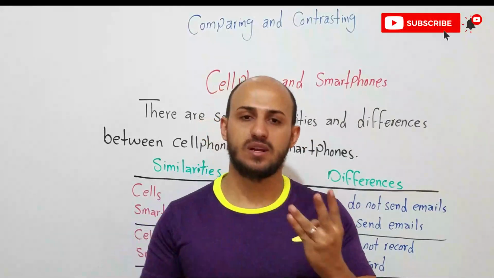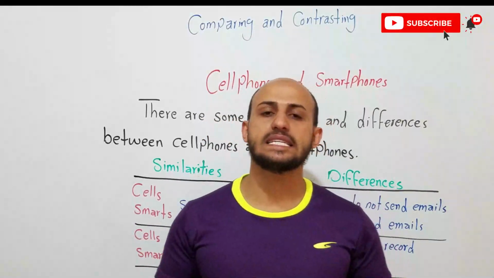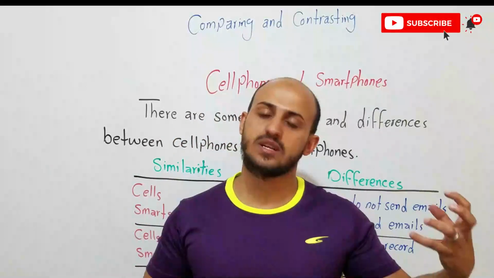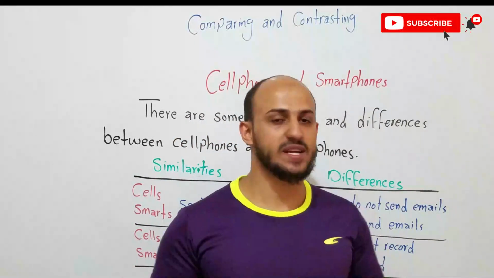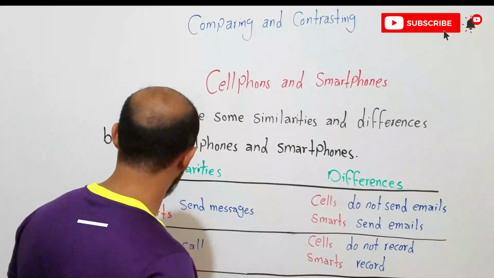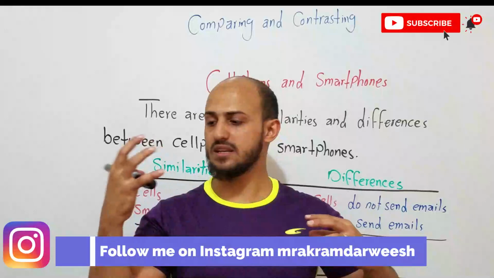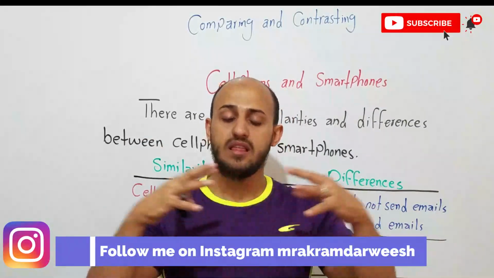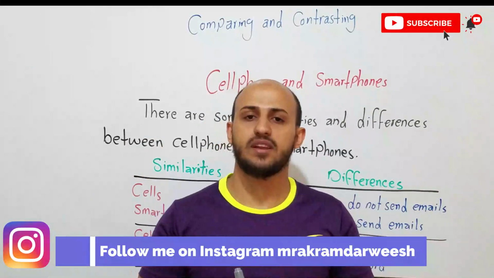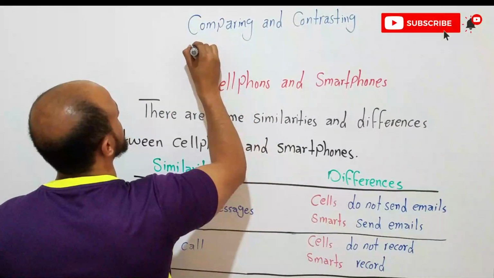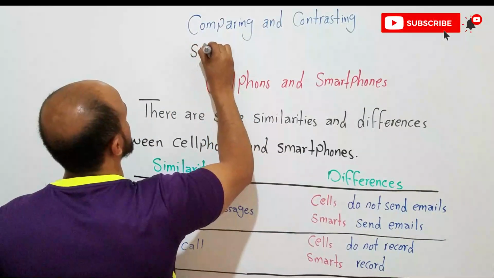Comparing and contrasting. Before we start, I need you to understand the meaning of comparing and the meaning of contrasting when we start writing. Comparing is when you talk about how something and something are the same. They have something in common. So basically, comparing means similarity.